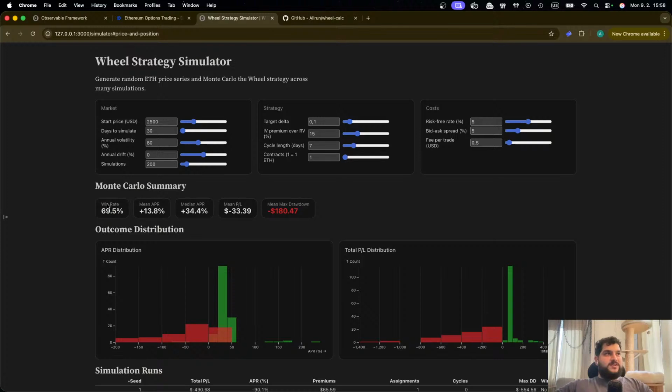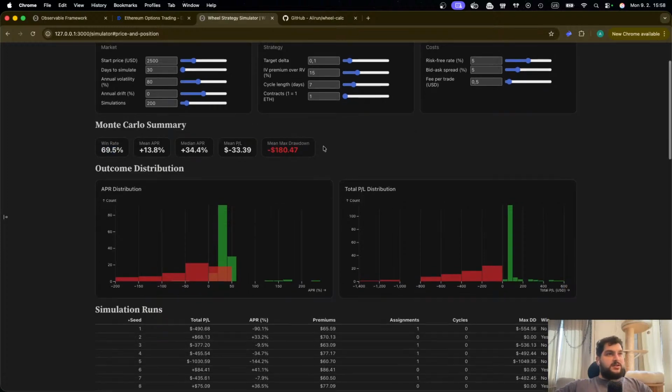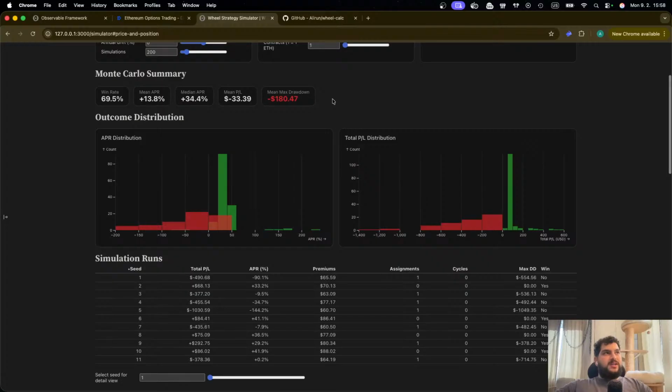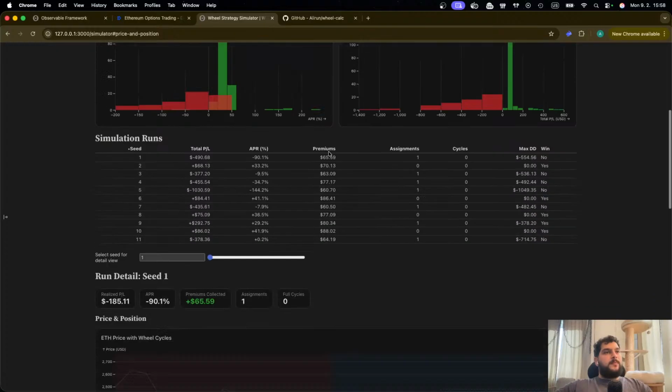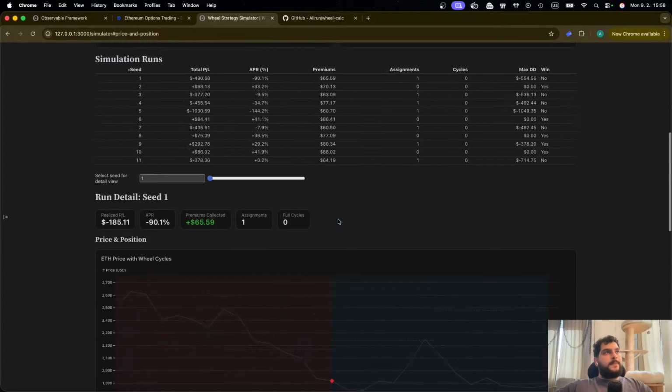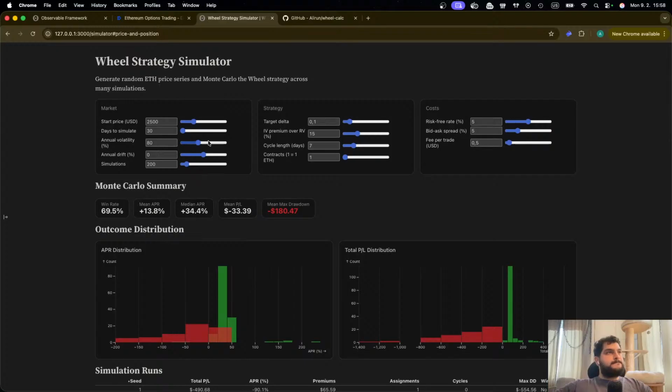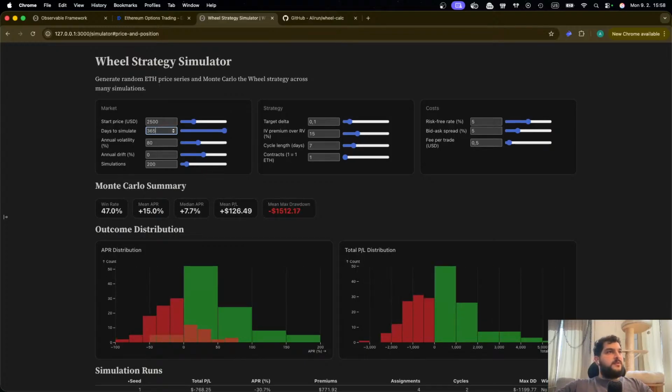Yeah, if something wins you over 50%, this probably makes sense to run. I don't know. Days to simulate: 355. Okay, so that's a different win rate we see here.